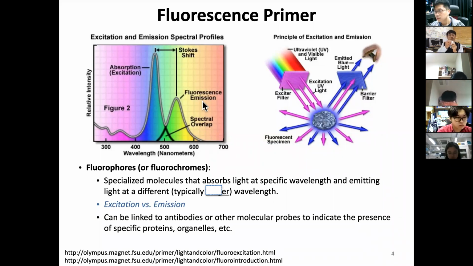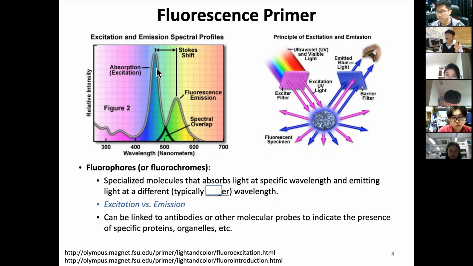Look at the energy or spectrum distribution of emission in this case. It looks like this. It absorbs at the blue color and emits in the green color at the maximum. Of course, there's some overlap, which makes our life a little bit more difficult.